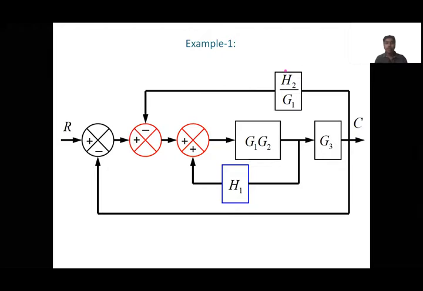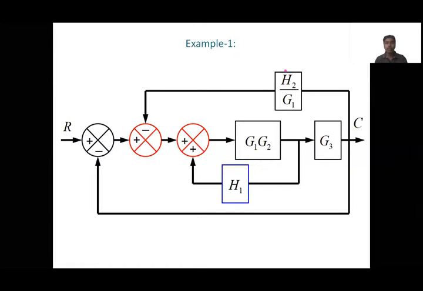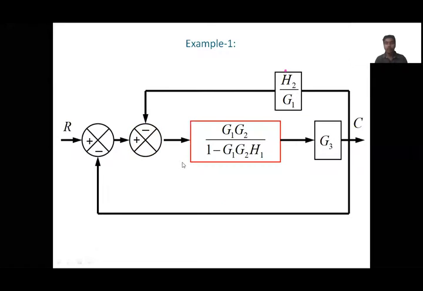Now see this G1 G2 and H1, this is a loop. We can eliminate this feedback loop by combining it like this: G1 G2 by 1 minus G1 G2 H1. Here H1 is a positive feedback, therefore we got minus in the denominator.